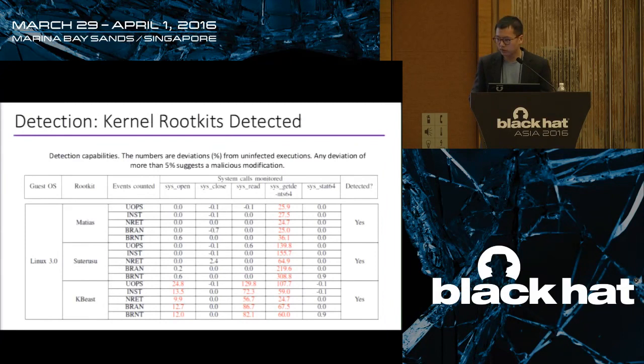Now, if you take a more detailed look, you find that one of the syscalls that all 3 rootkits are trying to mess with is sys_getdents64. If you see what that syscall is doing, it's basically trying to return the file names under a certain directory.